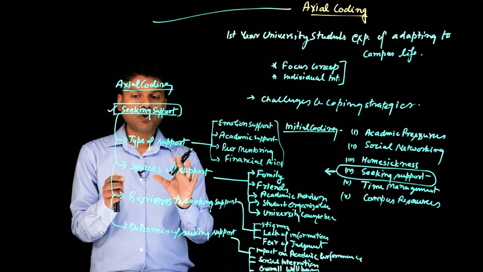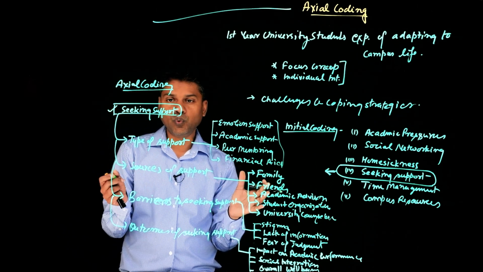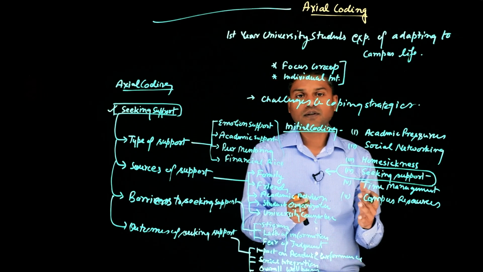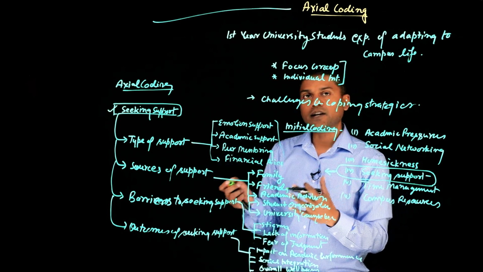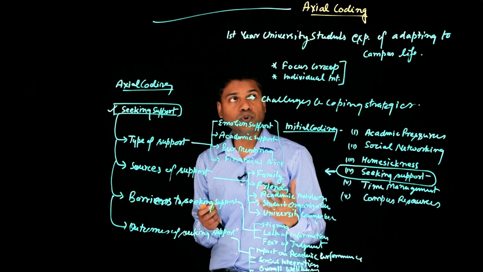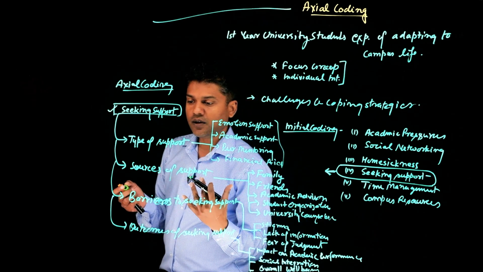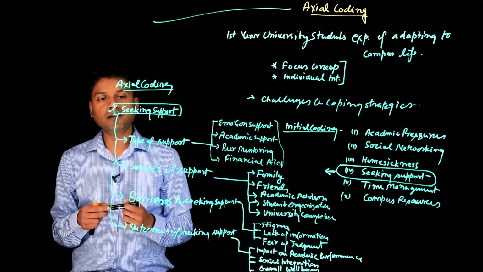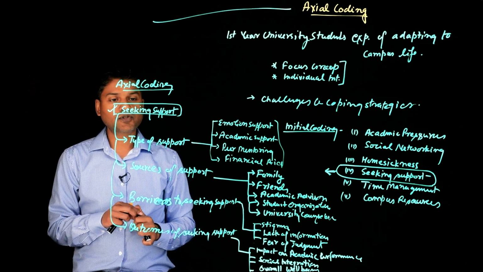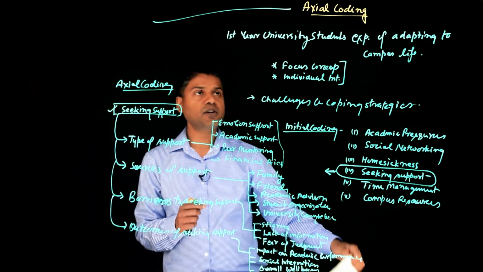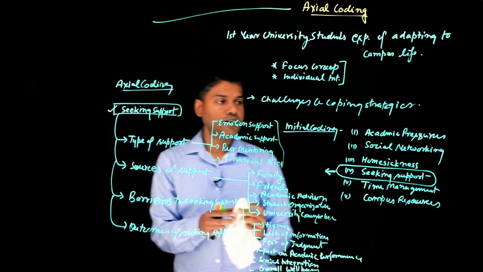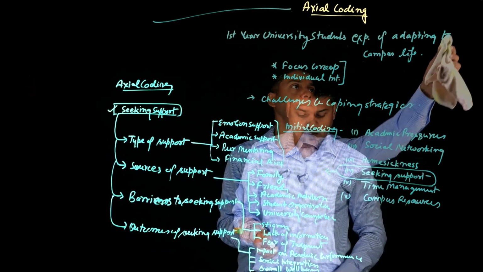I'm going to create a diagram which will show you the connections, the relationships between categories and subcategories. So let me rub it off and then I can come up with the relationship chart that I wanted to show you.